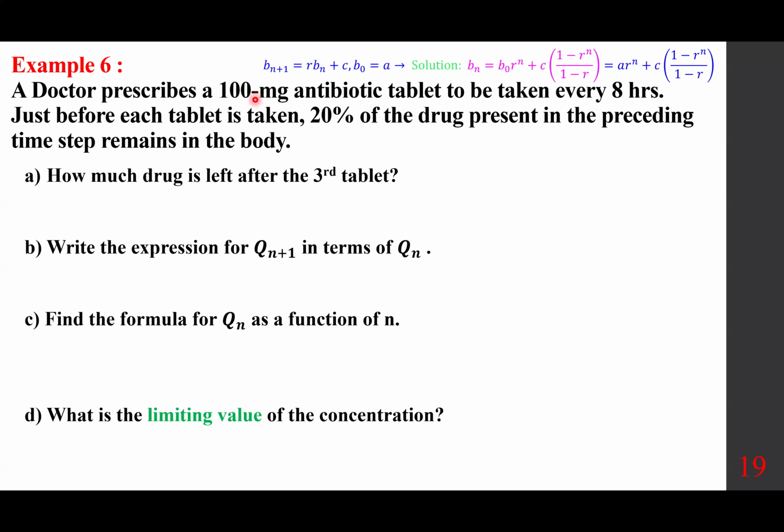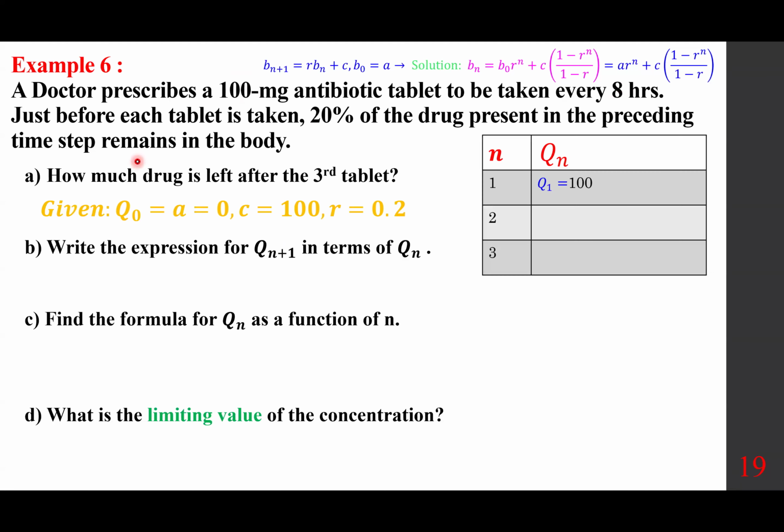This is the lowercase c, the amount of constant antibiotic that the patient receives, 100 milligrams antibiotic. This is a time step, it doesn't enter any of the formulas. And just before each tablet is taken, 20% of the drug present in the preceding time step remains, so R is 0.2 or 20%. So this is the given, everybody.